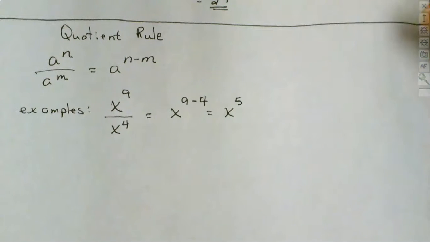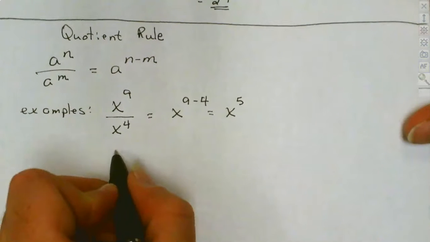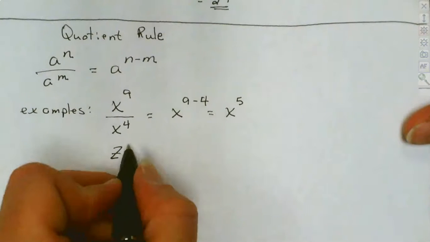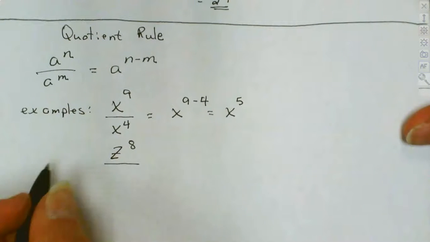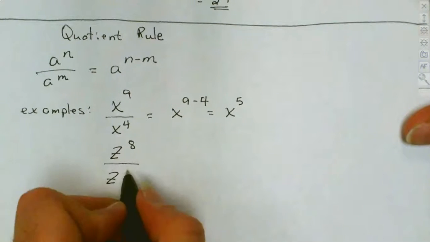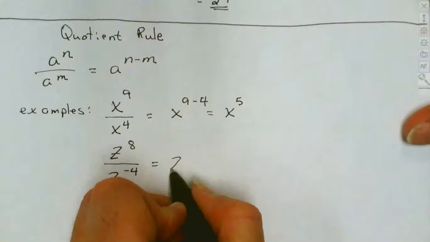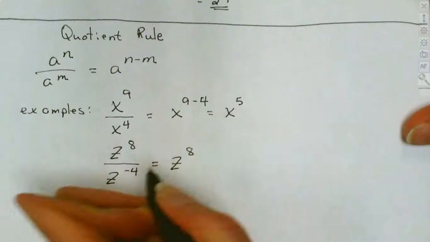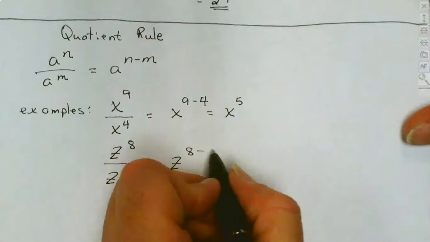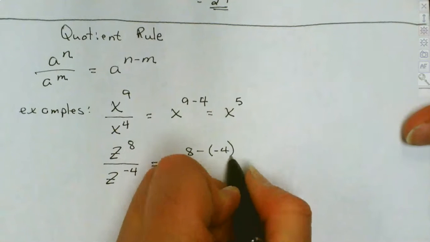Let's look at another example. When we have a negative, we're still subtracting. And what happens with a negative times a negative? Well, that makes it a positive. So if we have, let's say, z to the 8th over z to the negative 4th power, what would that be? That would be z to the 8 minus, right, a minus 4.